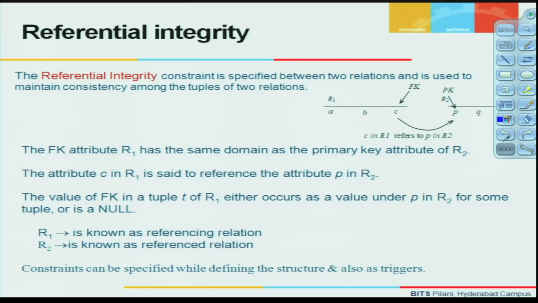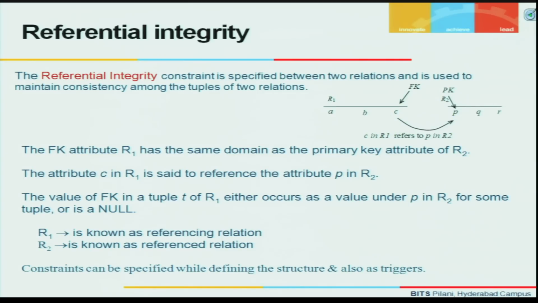Suppose I am going to have some tuples or rows for R1, and A can be anything; let us assume it has some domain, and here for P it is T20 and so on. If I am entering a tuple for R1, whatever value I am inserting under the column C must either exist under the column P in R2 or be null; nothing else is possible.